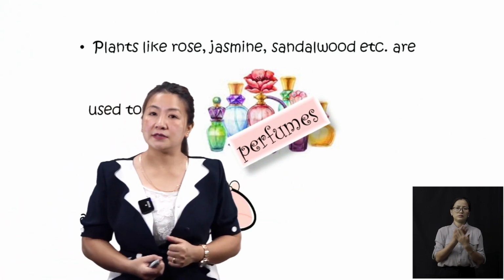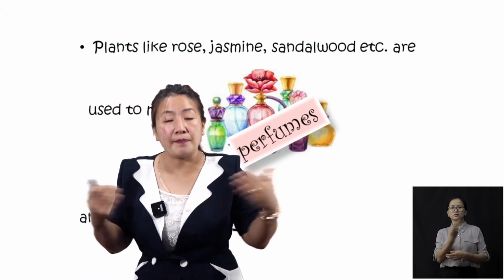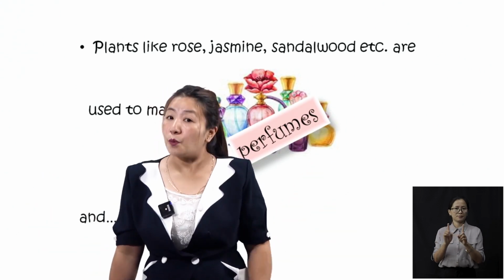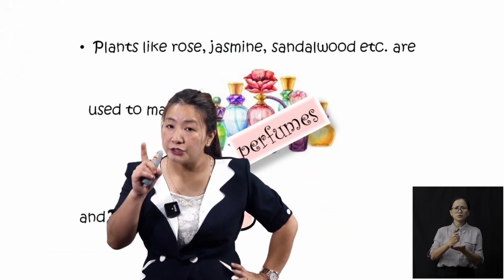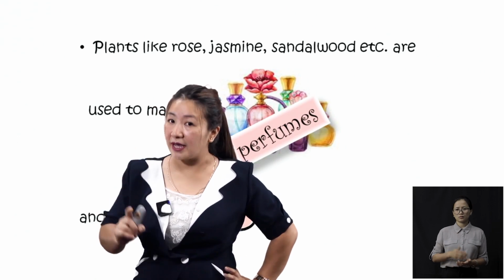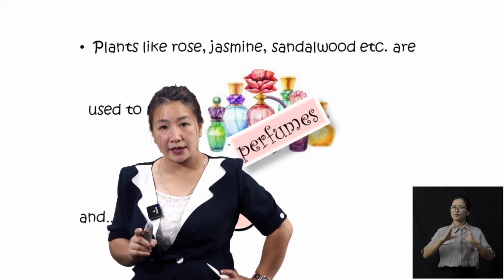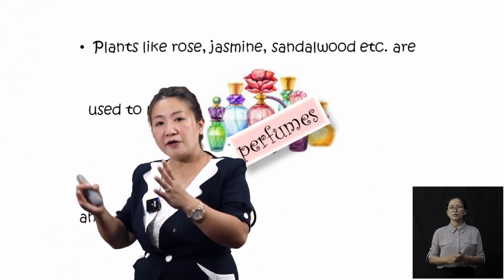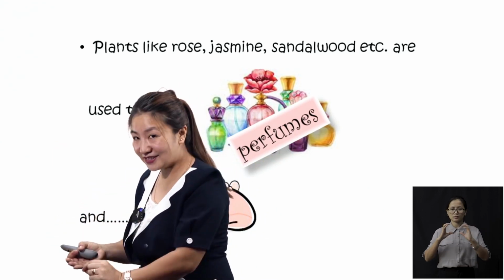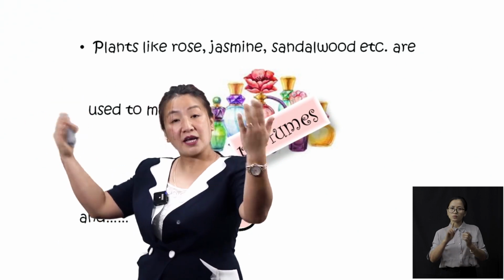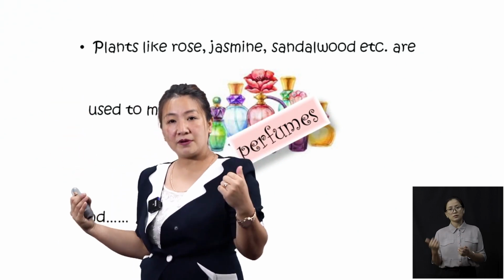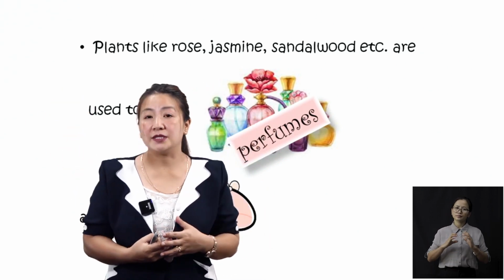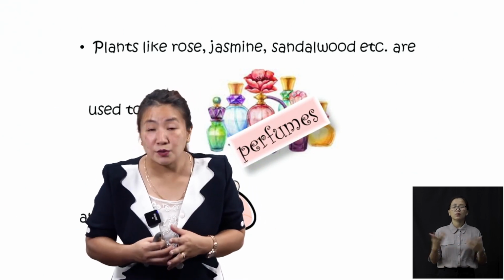All of this is given to us by plants. So what should we do, children? We must take care of the plants, right? We should not cut them randomly. We should take care of them. If we cut one tree, plant another tree so that it will become big and it will give us more again.